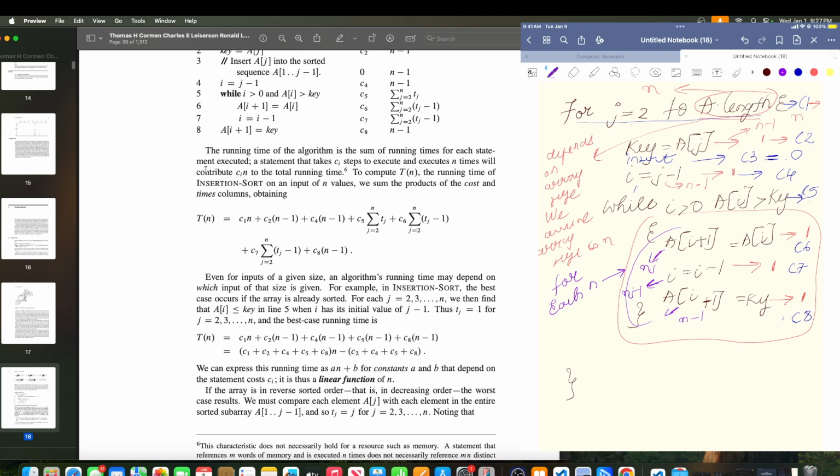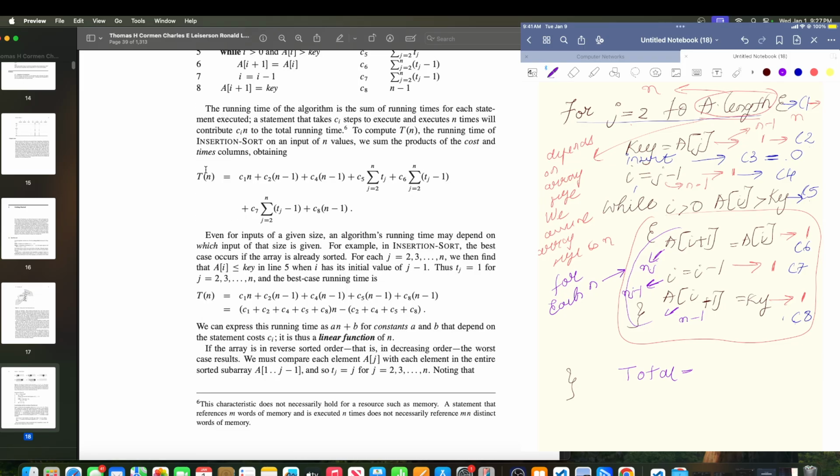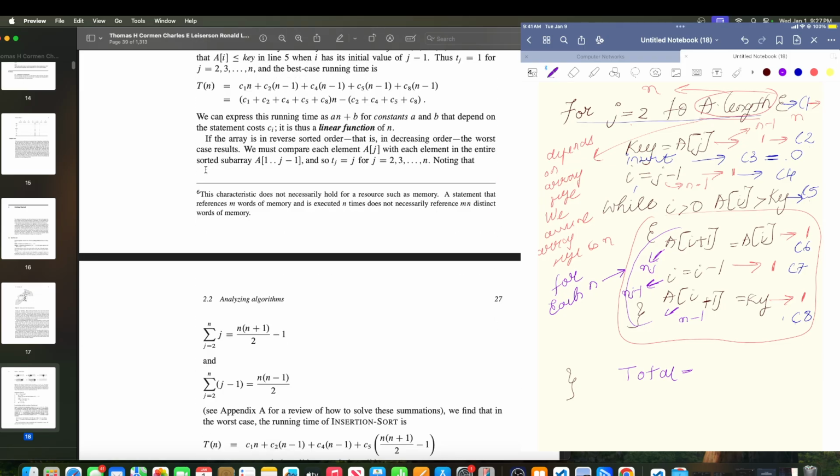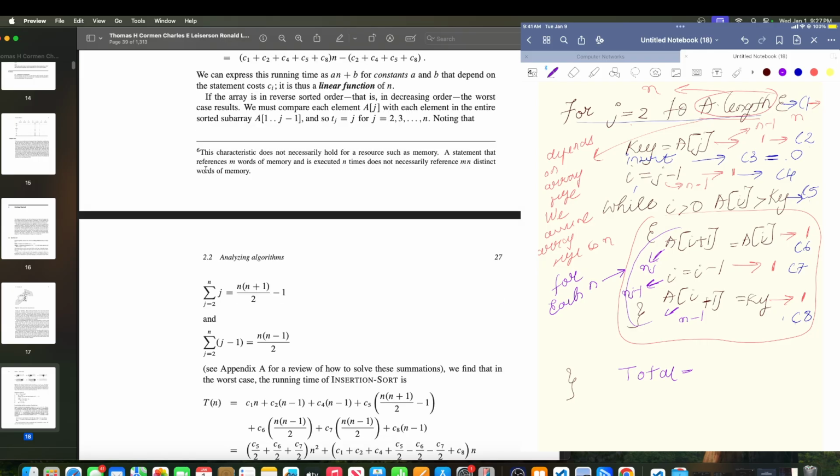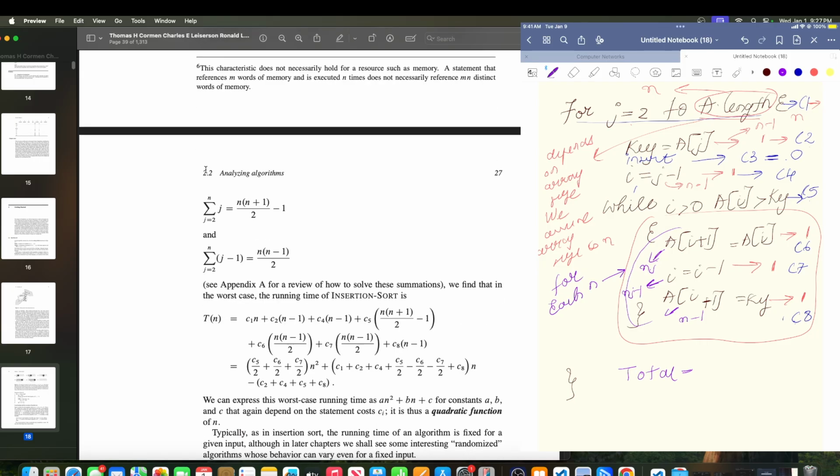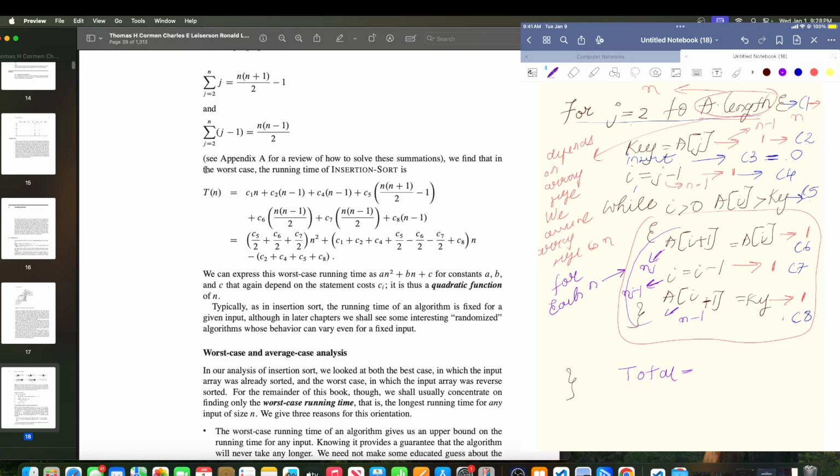So the total is you add up all of them. When I add up and solve, what I'll get, it comes into a sequence, right?